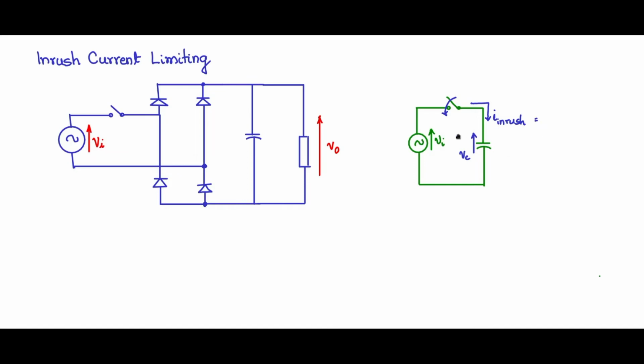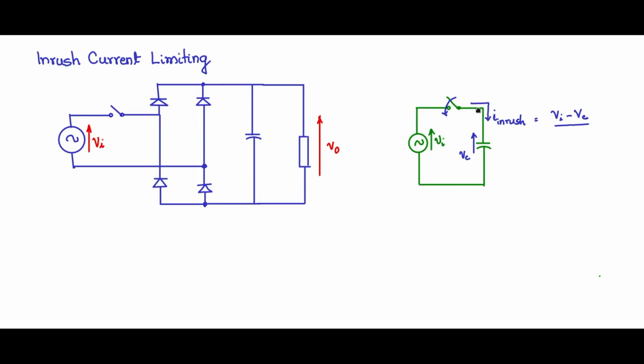So the inrush current is the difference in potential, that is Vi minus Vc, divided by whatever is the path impedance. Now the path impedance is comprised of the impedance of the source, which will be very low, the impedance of this closed switch, which again will be very, very low, and the ESR of the capacitance, again low, and track impedance, wire impedance, and so on.